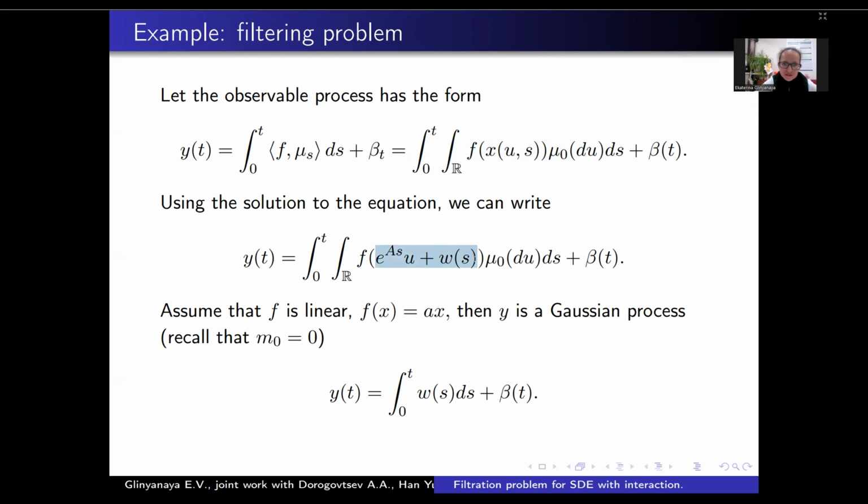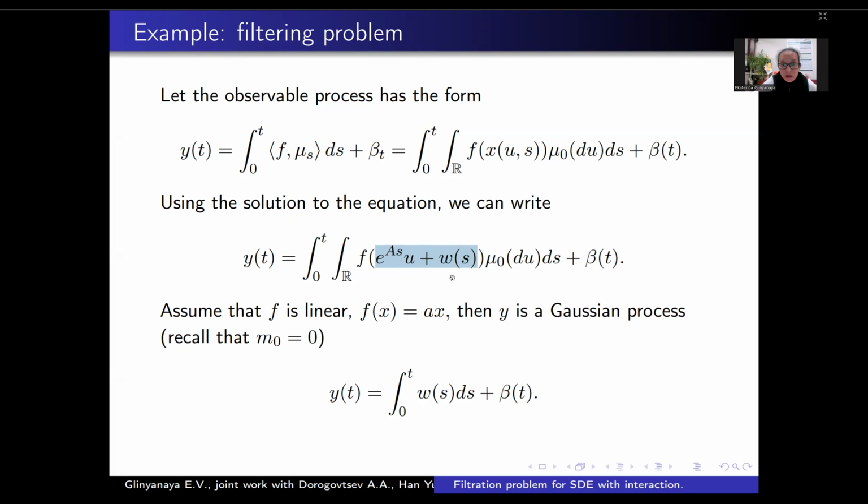To get the result for the filtering problem, let us consider a simpler case when the function f is linear. This means that we observe just the so-called average of the signal process plus some noise. Of course, here we have a constant.